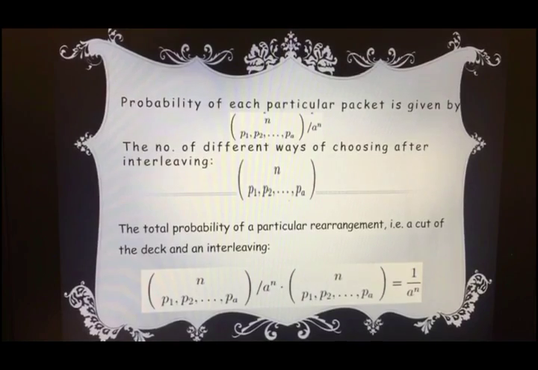The probability of each particular packet is given by the binomial distribution of the number of cards n and the probability of each packet, which is 1 divided by the number of packets the deck is divided into. Here these 2 equations show that the probability is nowhere dependent on the size of the packets, but is always dependent upon the number of packets.